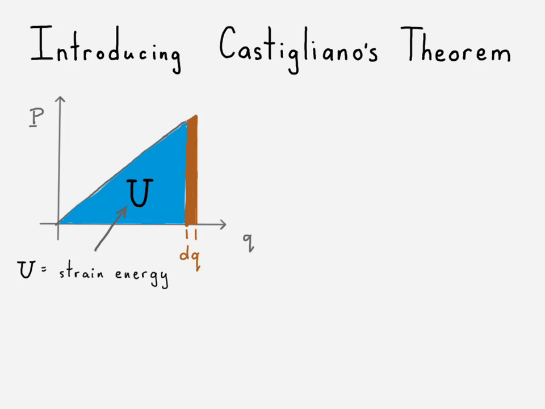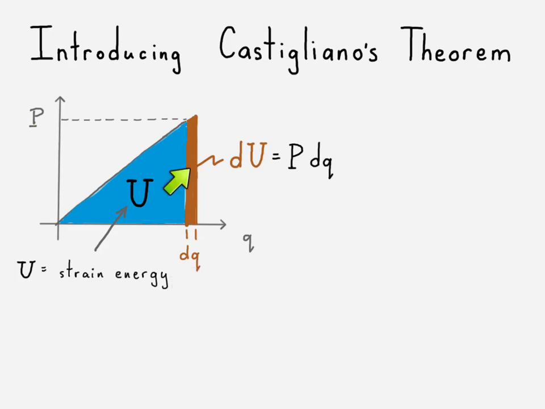Now we're going to say, what if we pull on it just a little bit more, so that there's just an infinitesimal amount more displacement. So we're going to look at that. This is some infinitesimal change in the strain energy, and we could say that infinitesimal change in the strain energy is roughly equal to that force P. If it's an infinitesimal change in strain energy, that magnitude is not going to change very much.